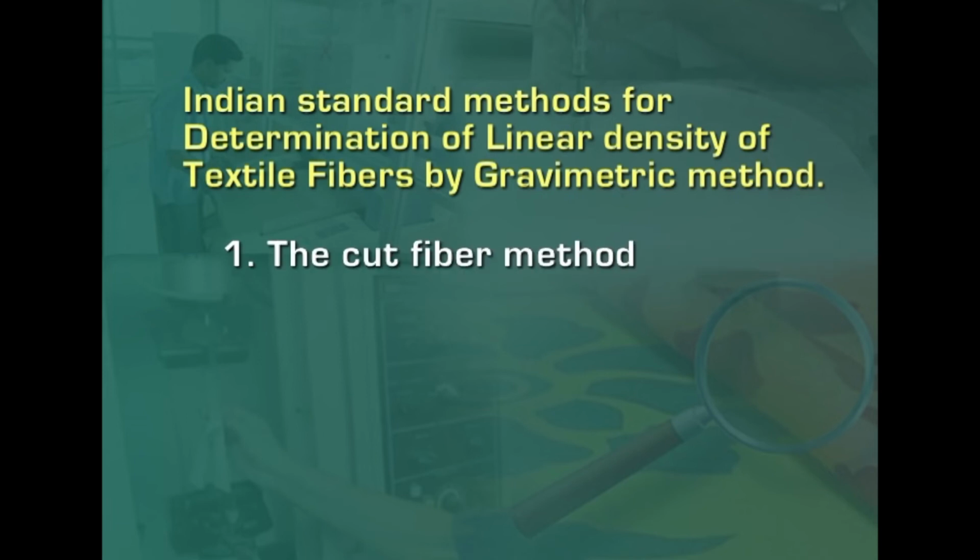Indian standards has included two methods for determination of linear density of textile fibers by gravimetric method. The first one is the cut fiber method, that is the middle part of the comb tuft is cut to a given length under the minimum tension necessary to remove the crimp, and then around 1000 fibers are taken out from them and weighed.